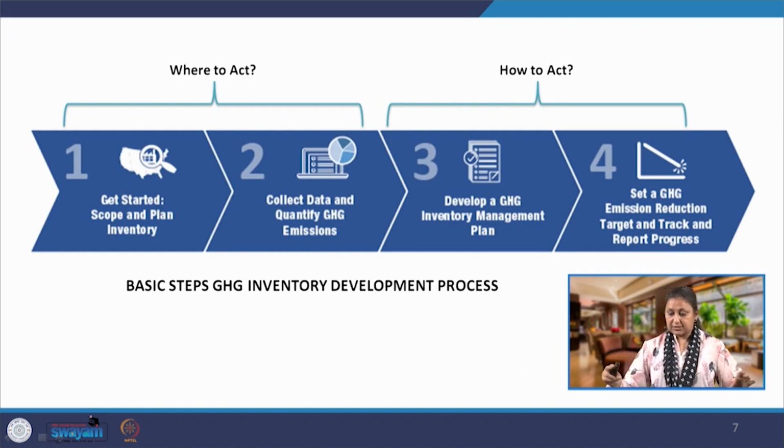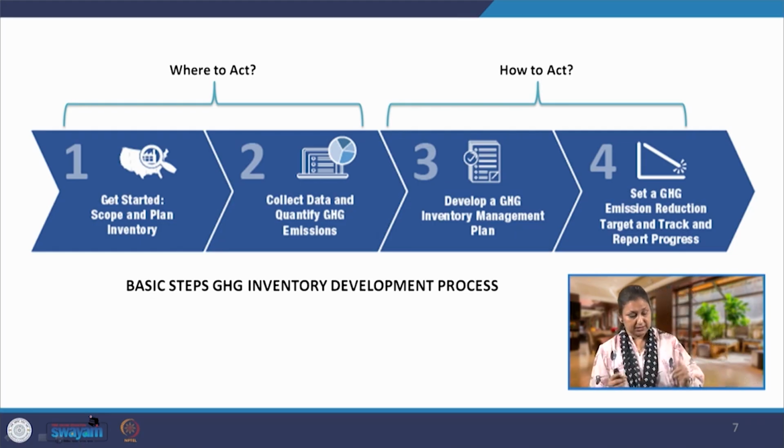Now, if we look at these 4 steps which we had discussed earlier too, step 1 and 2 is defining where to act, which is we have to set up these boundaries, we have to know where to act, and for that we have to identify the boundaries and the inventories within them. Once we have done that, we will go to the second step, which is how to act, where we will then develop a management plan for the inventory.